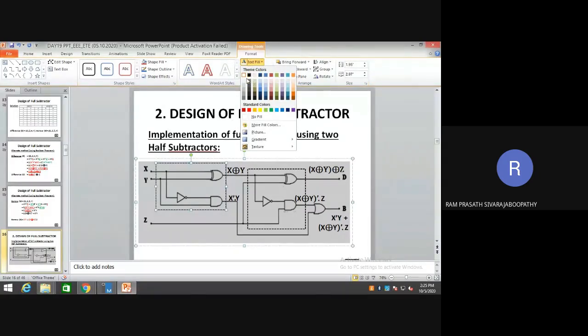Wait a minute, as this is a text, I think we may not fill color. See, actually this whole box should be one half subtractor. This block is another half subtractor.